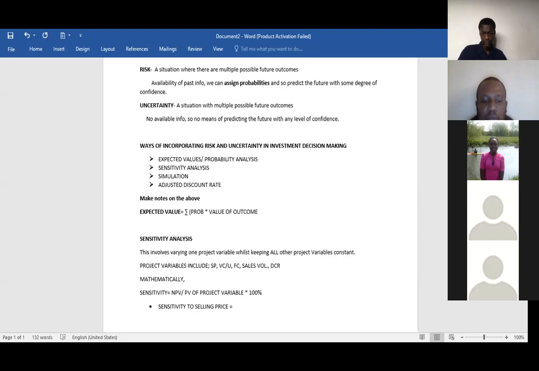Sensitivity to selling price is NPV divided by present value of revenue, so it will be in total terms, multiplied by 100.